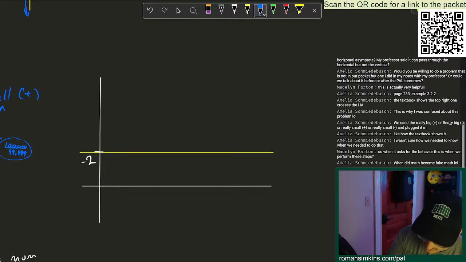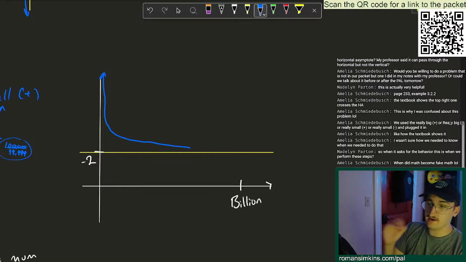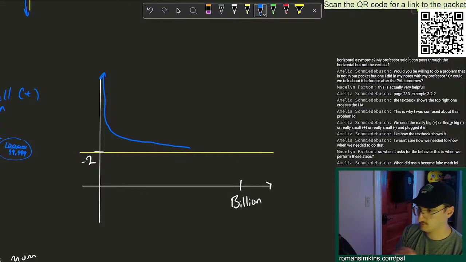And so we know that way, way out towards infinity, or not even infinity, let's just consider this to be the billion x value, right? What I know is that my function is going to have behavior over here. It's going to be getting very, very close to my asymptote. Like incredibly close.